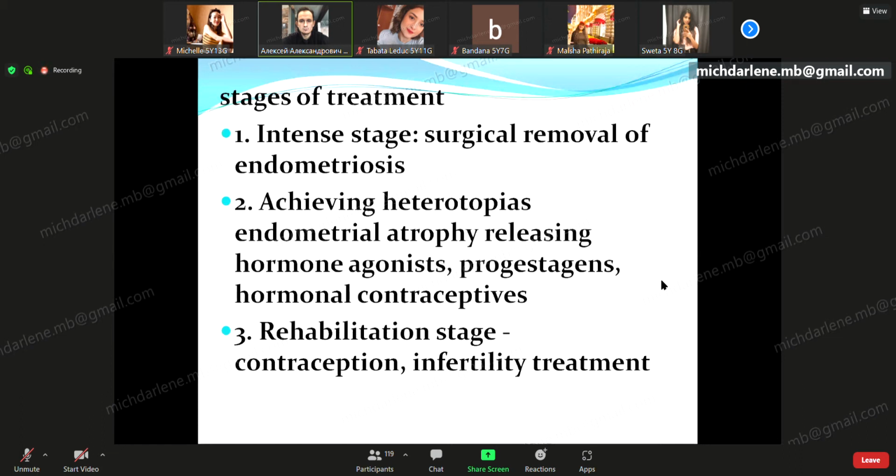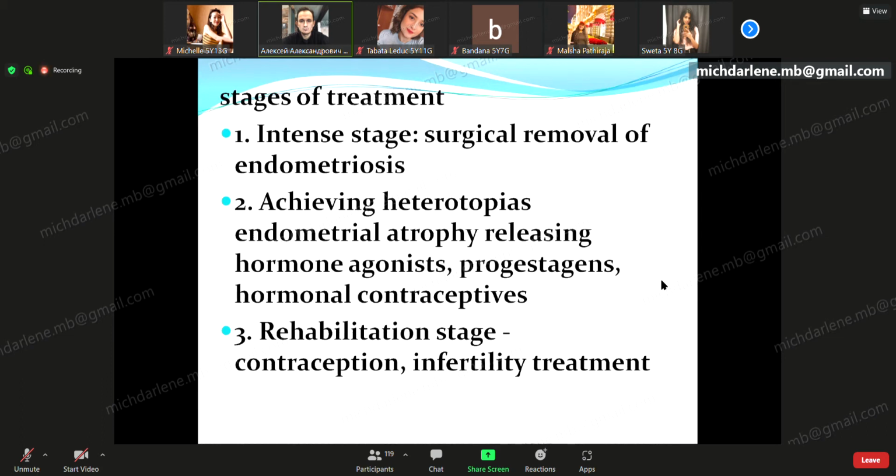If we finish our treatment during the operation, we need to stop all results of endometriosis with the help of hormones. We need to create iatrogenic menopause for the female, and the duration of our hormonal treatment should be not less than 6 months. And only after that we need to think about infertility, guys.